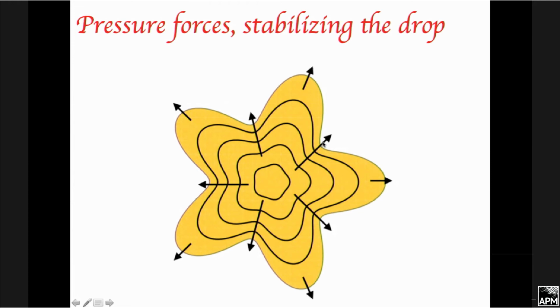So this part is going to move more rapidly than this part. Hence, what started off as a rather complicated 5-fold shape is going to go more and more like a smooth circle. In other words, it's stable.